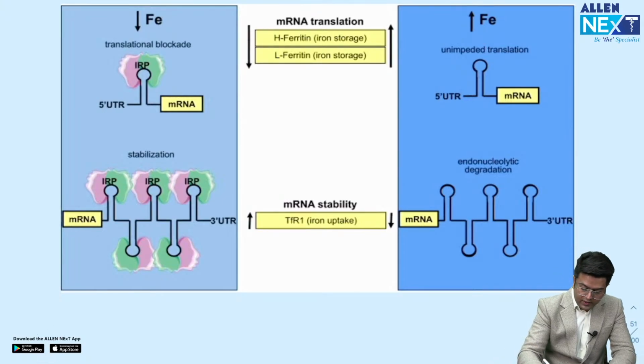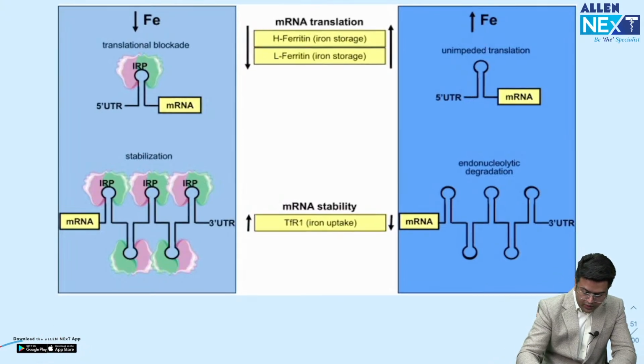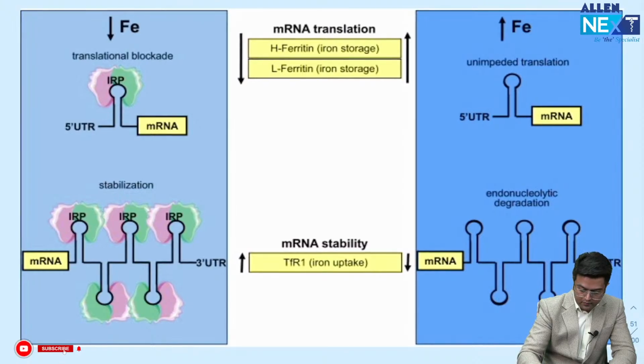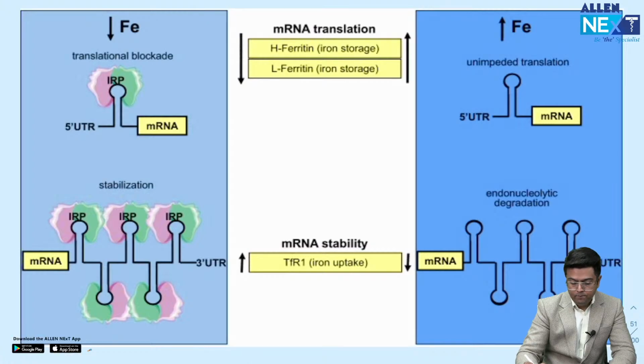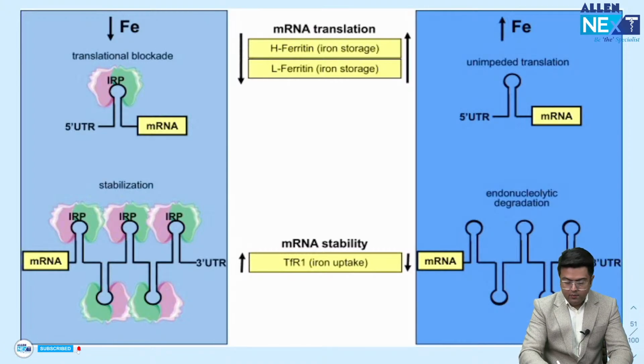This is the one talking about ferritin. When there is no iron, there is a protein known as the iron regulatory protein, as you can see here. This iron regulatory protein binds the 5' UTR of the mRNA.